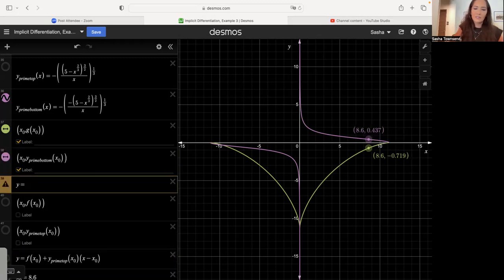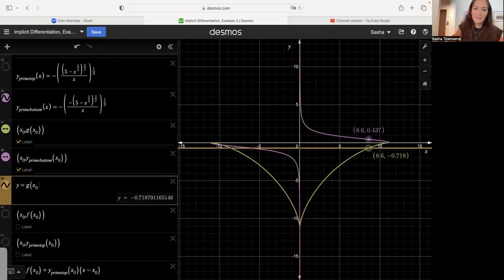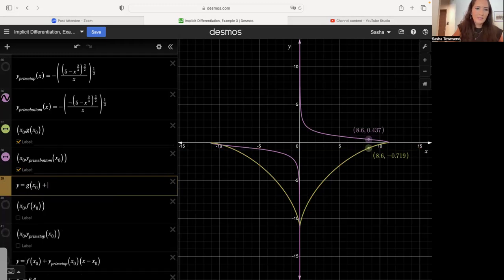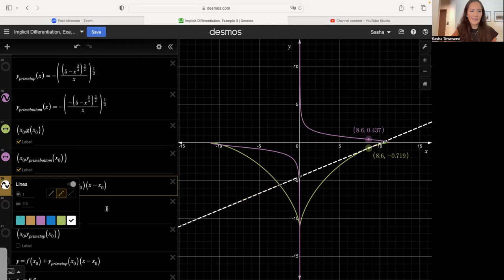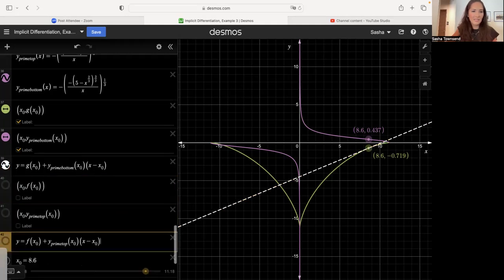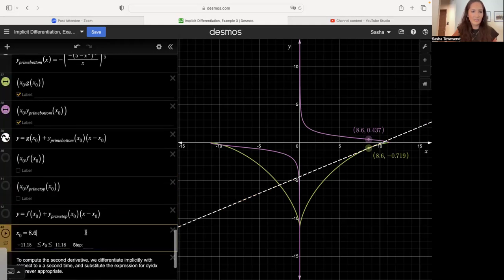We'll let y equal g of x naught plus the slope there times x minus x naught. And I like to make that a dotted line. And then we can move the sliders again and we can see everything going from location to location.